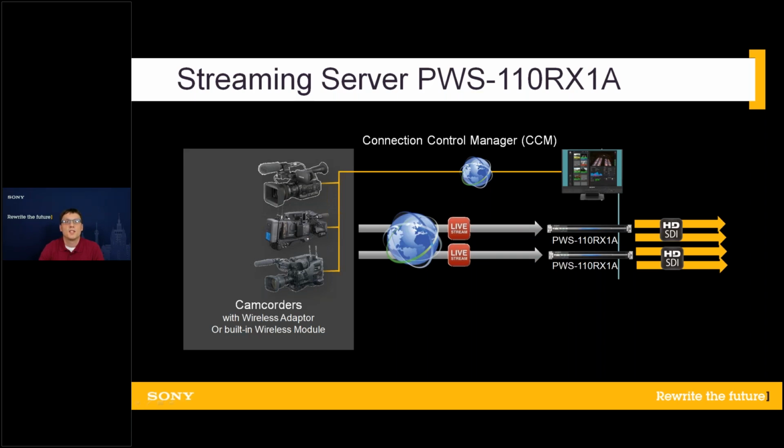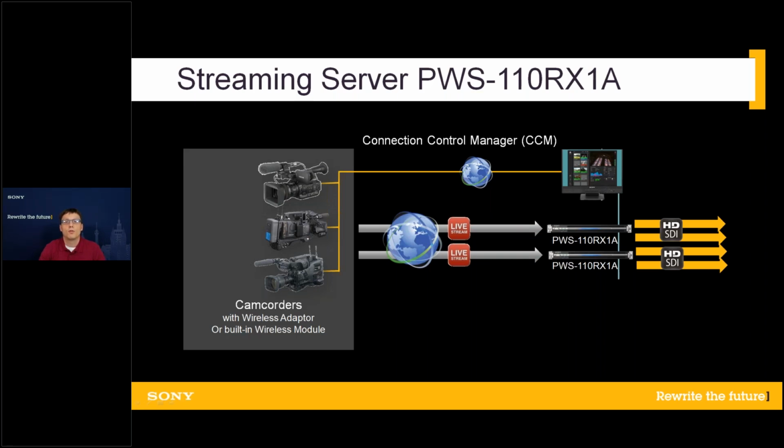Also, that service is available and accessible very easily. You just need a Chrome browser, and through the Chrome browser, you will access from anywhere in the world the Connection Control Manager, where you can control your stream and where you can control the outputs and the available sources. It's very easy to use.